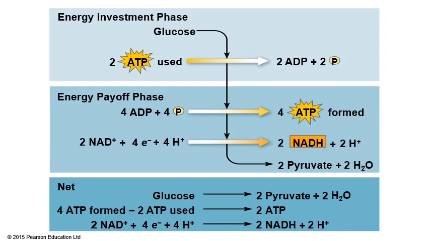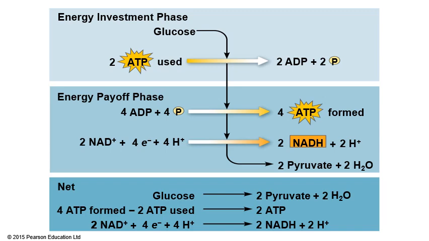This is the overall calculation for the productivity of glycolysis. In the first phase, they consume ATP, so 2 ATP are used up. However, later on, 4 ATP are produced. So produced 4 and consumed 2, 4 minus 2.